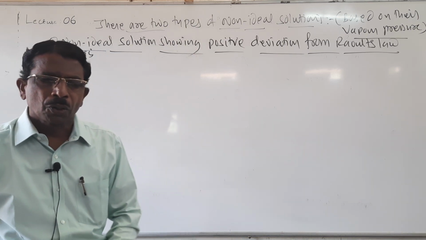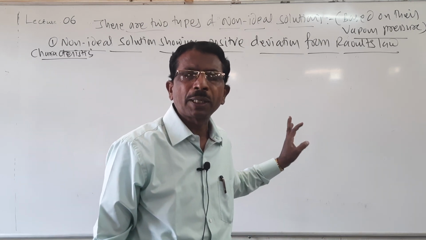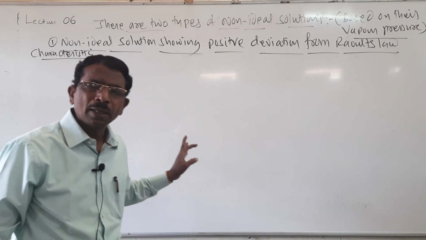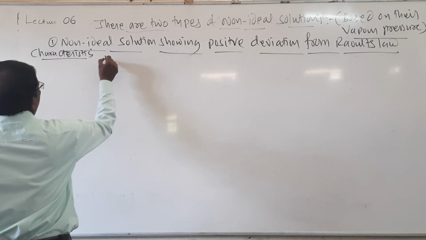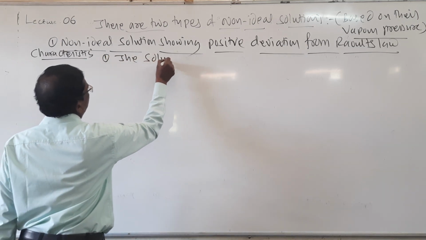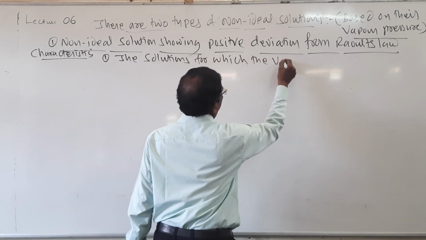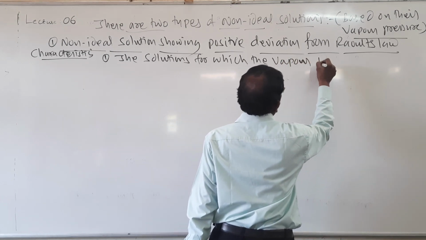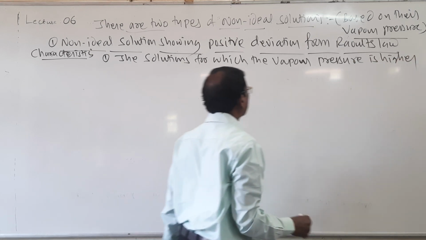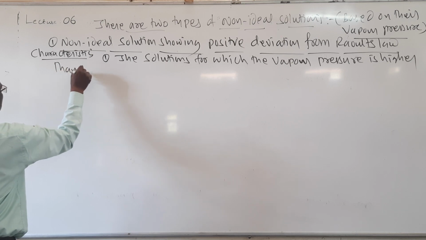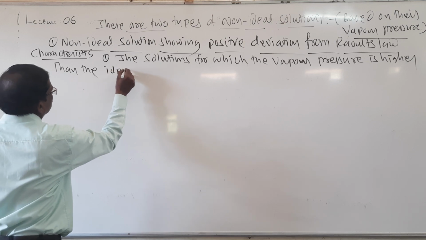Number one, the solutions for which the total vapor pressure is higher than that predicted by Raoult's law, or higher than the ideal solution.